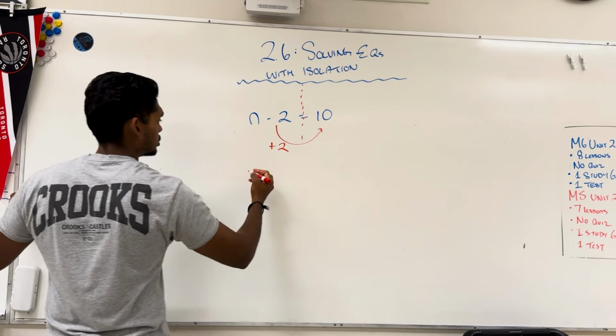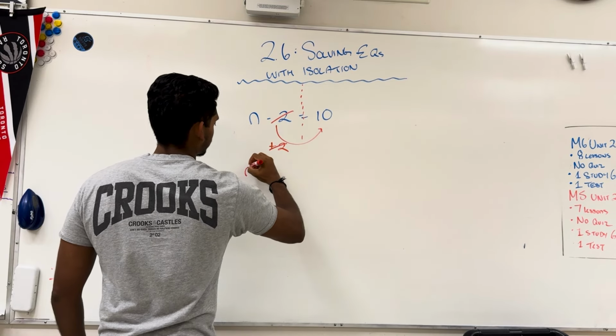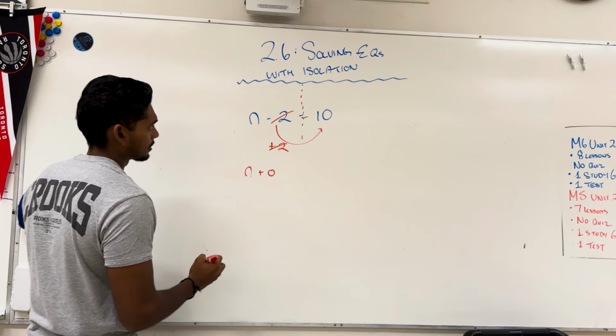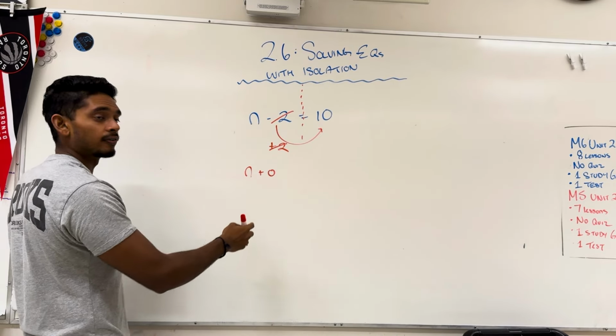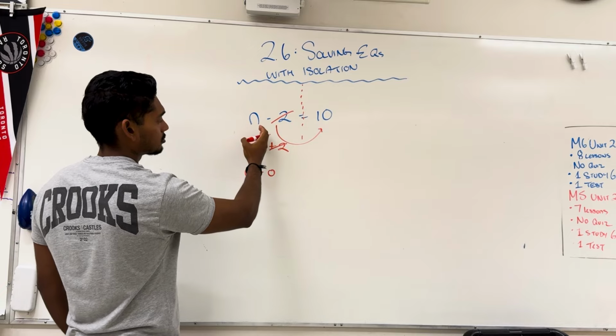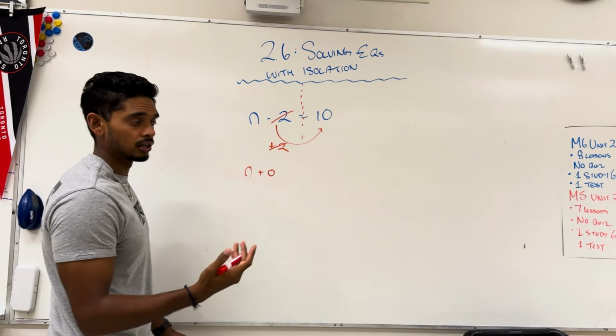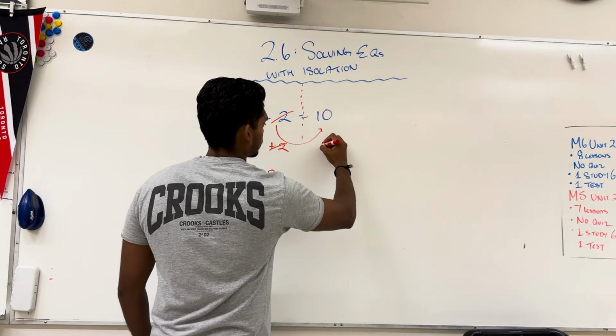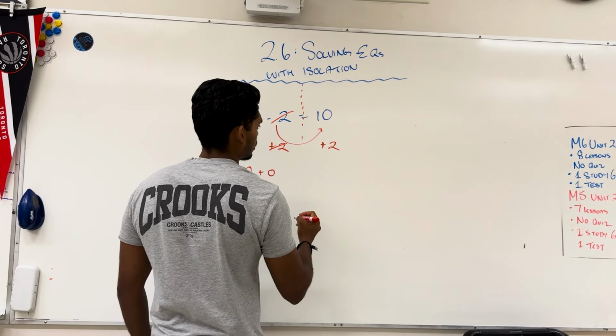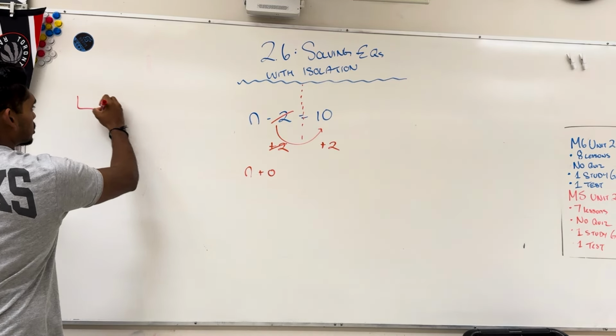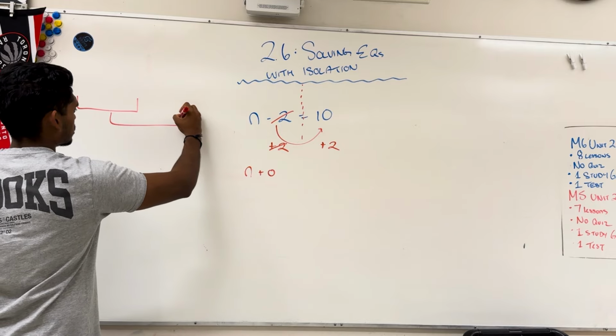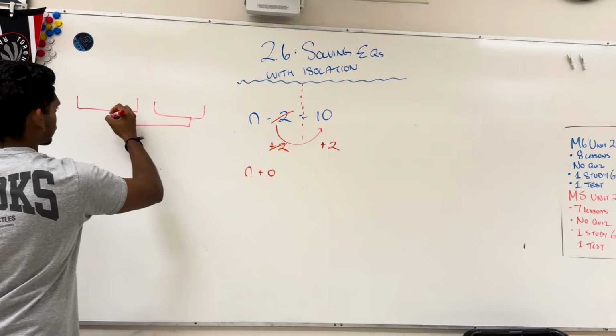On this side of the equation, these become n plus 0. Okay, but whatever you do to one side of the equation, you have to do to the other side of the equation. So we're going to have to plus 2 on this side. The reason we do this is because think of it as a balance scale, okay?